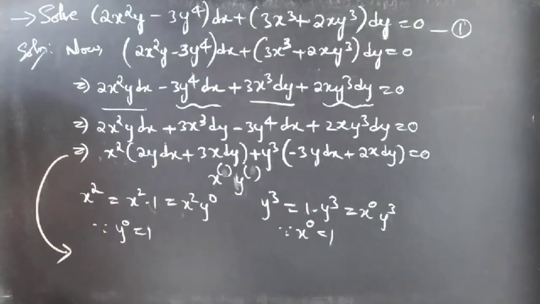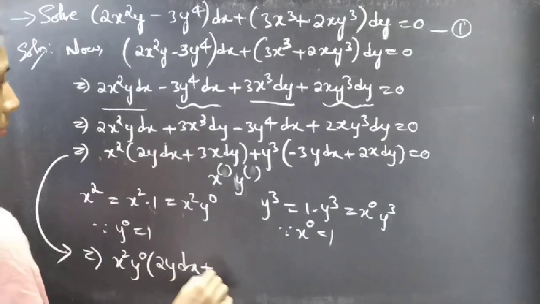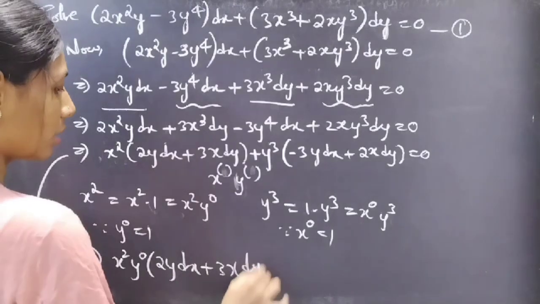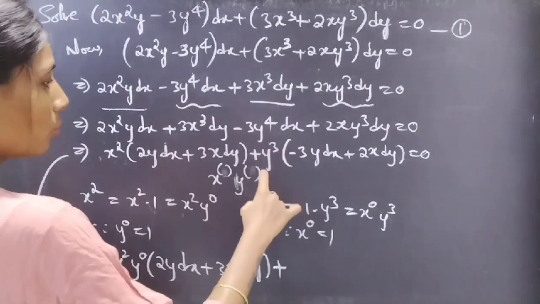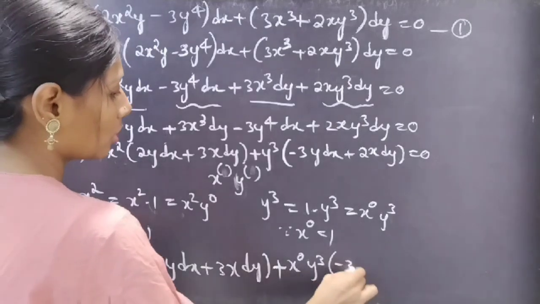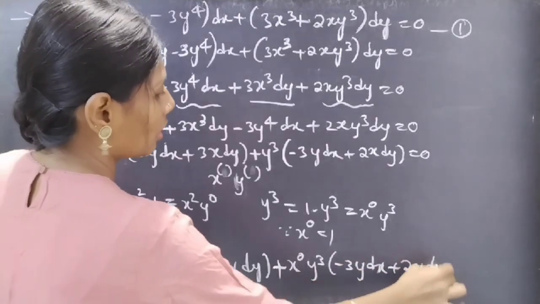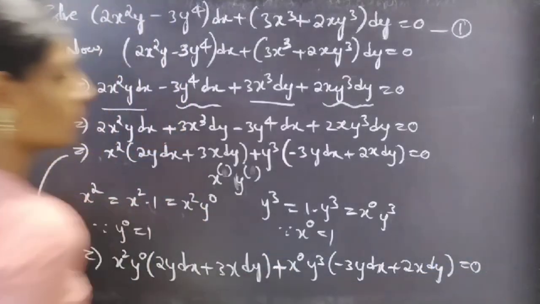Then this becomes x square y power 0 into 2y dx plus 3x dy, plus x power 0 into y cube into minus 3y dx plus 2x dy, equal to 0, right?